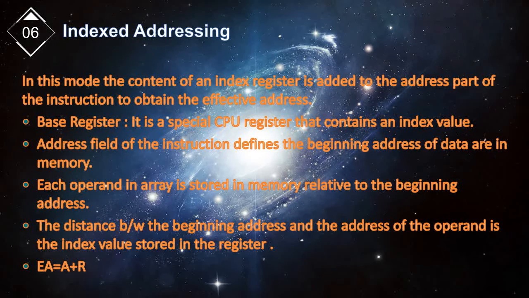The address field of the instruction defines the beginning address of the data in memory. Each operand in the array is stored in memory relative to the beginning address. The distance between the beginning address and the address of the operand is the index value stored in the register. That is, EA is equal to A plus R.